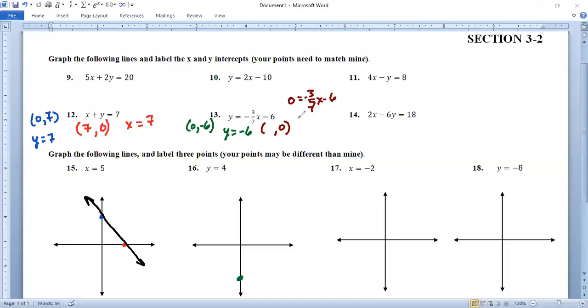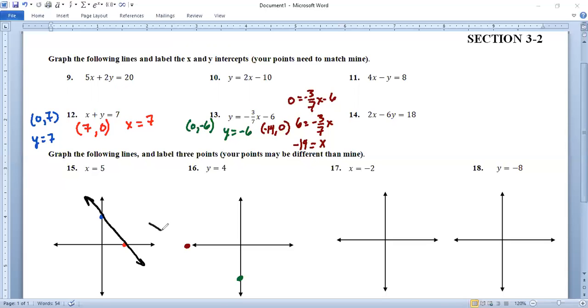Add 6, we get 6 equals negative 3/7 x, and then times by 7, divide by a negative 3, and we get negative 14. So that may take a little bit of solving, but that means we're clear way back here for that guy.